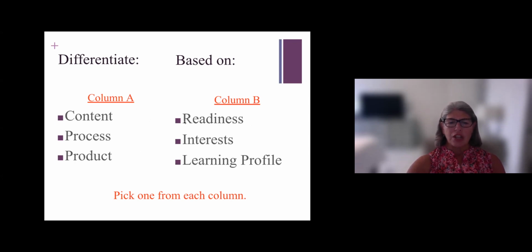So I might change the content based on readiness. For example, say I'm teaching first graders about adding, and some students already kind of know how to add, and some students are just learning how to add. I might put my students in groups based on what they know, based on their readiness.